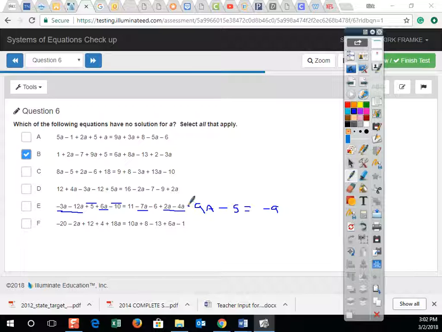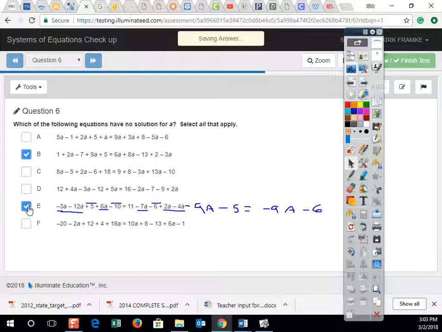Oh, geez. That's a negative because we had a -15 plus 6. So we have the same slope. Let's see this y-intercept. The y-intercept is -6. So these will intersect in exactly no places because they have a different y-intercept, same slope.